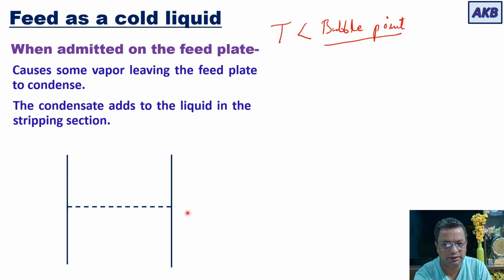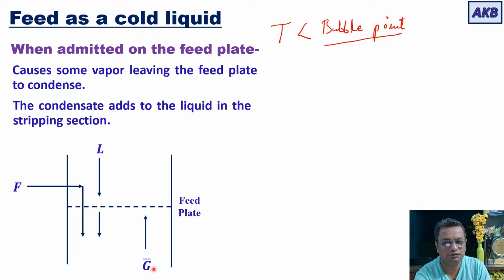So this is the feed plate, and the feed as a cold liquid enters. This being entirely liquid, it will go down into the stripping section. There will be addition of liquid that is coming from the rectifying section. Then you have vapor that is coming from the stripping section to the feed plate.